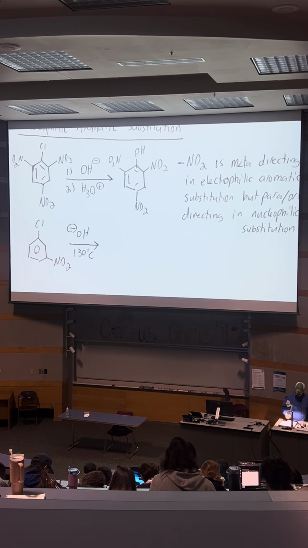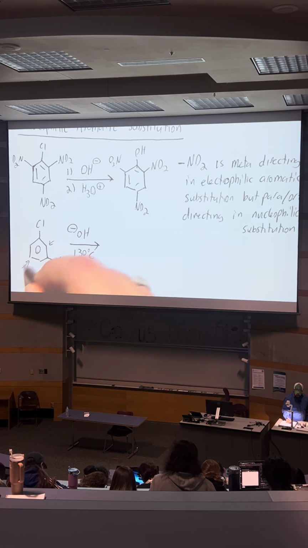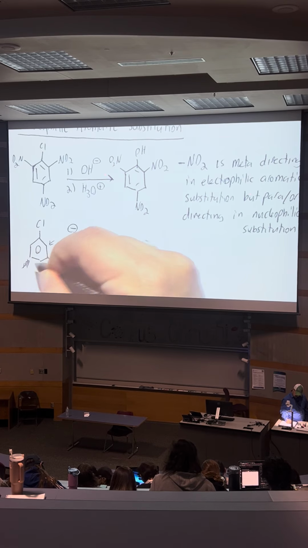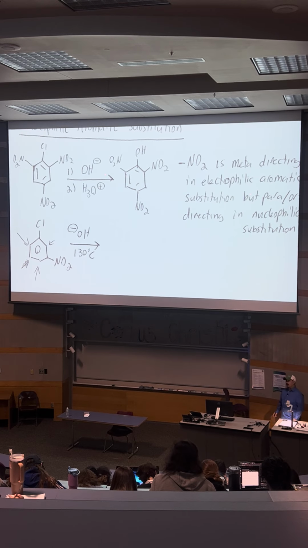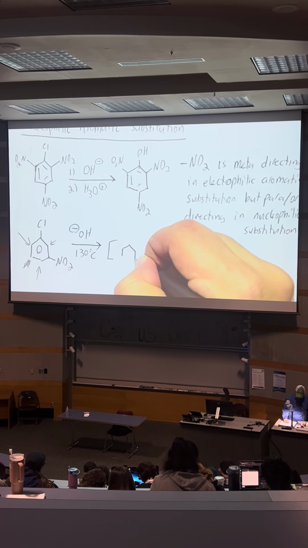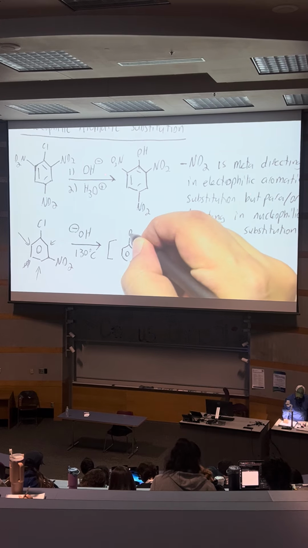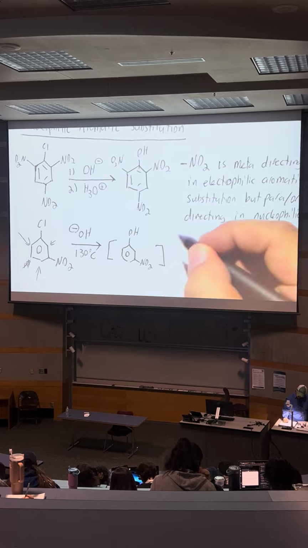Now the ortho-para positions for that nitro group, oops, not there, right here, and right here. Those are the ortho-para positions with regards to the nitro. It means that the chlorine atom is not sitting at one of those positions. As a result, this reaction that you might have predicted to occur does not form.